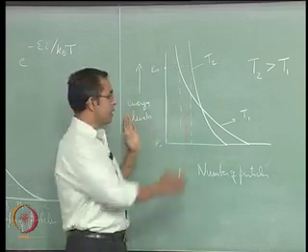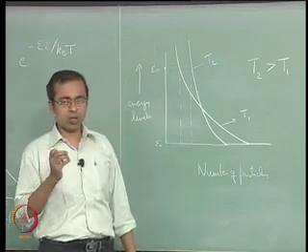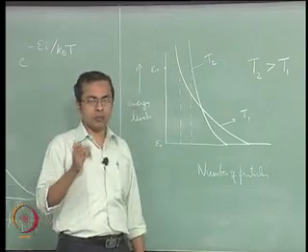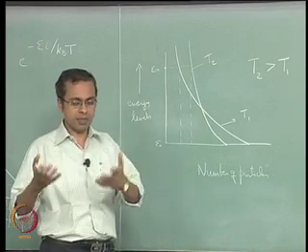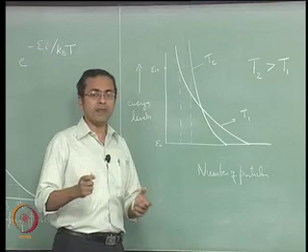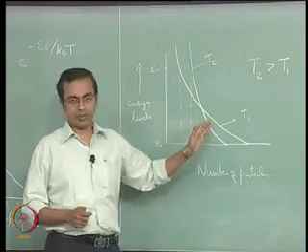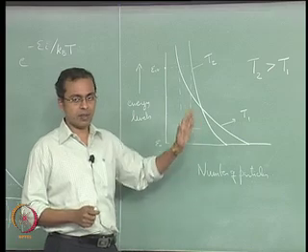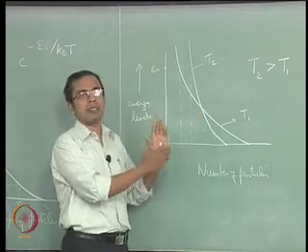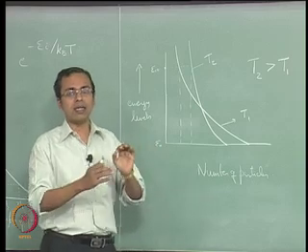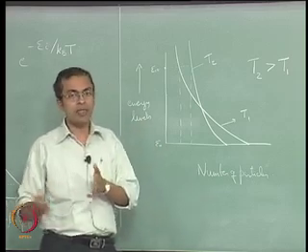So when we say that the electronic contribution of specific heat is not being accurately predicted by the Drude model, and therefore by the Maxwell-Boltzmann statistics which is the basis of the Drude model, what we are actually saying is that this kind of a change in distribution of energy levels and the number of particles at those energy levels, as predicted by the Maxwell-Boltzmann statistics, does not appear to be valid for electrons which are present in a solid.